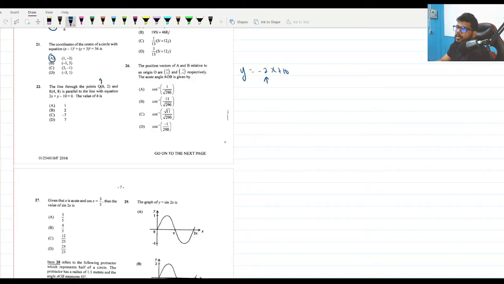So the gradient of QR, x1, y1, and x2, y2: y2 minus y1 over x2 minus x1 is minus 2. 8 minus 2 is 6, is minus 2 into 4 minus h. 6 is minus 8 plus 2h. 14 is 2h, and h is positive 7.